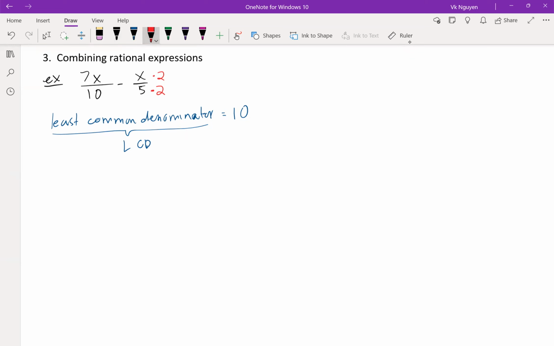The reason why we multiply 2 to the bottom and 2 to the top is because 2 over 2 is just the number 1. So we get an equivalent rational expression, 2x over 10.